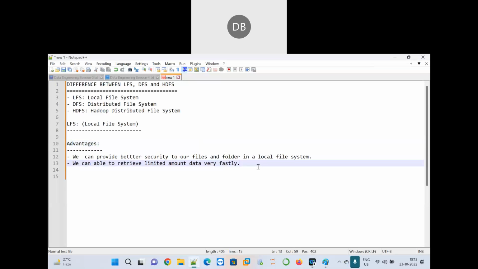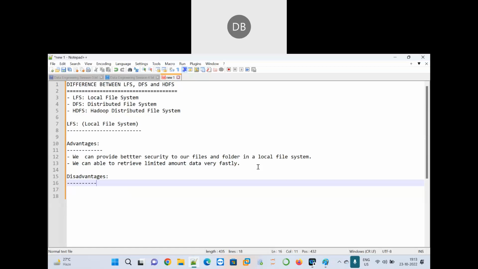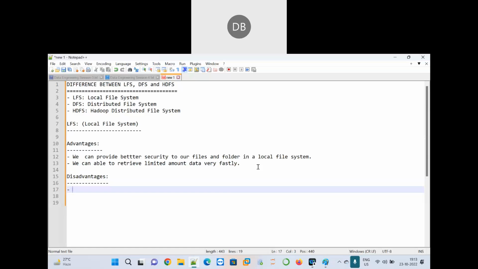These are the two different advantages. Then, what are the disadvantages of local file system? First one, as I have told you, we can retrieve a small amount of data rapidly, but whenever we are dealing with a huge volume of data, it takes a large amount of time, right?